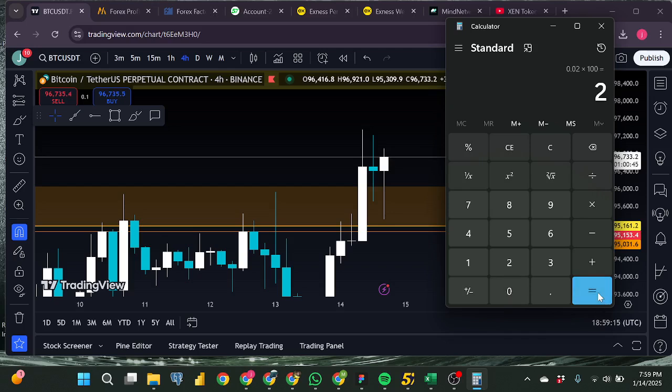So it means that you will only be losing $2. I don't know whether you understand. You will only be losing $2 of your $100. You see the way now you are protecting your capital. Are you understanding how it works? You see the way you are protecting your capital, just in case the trade doesn't go well for you. If it eventually hits your stop loss, you only lose $2 out of your $100.